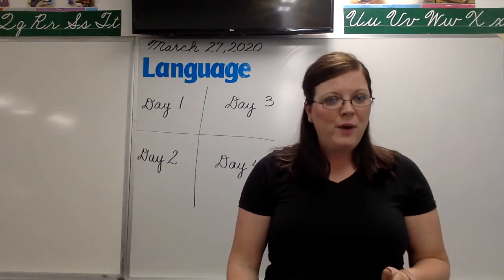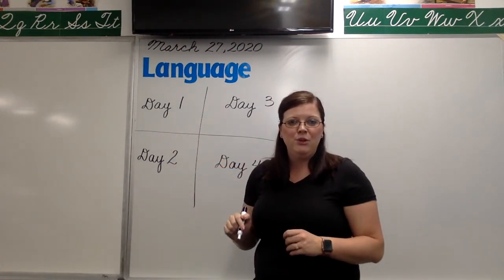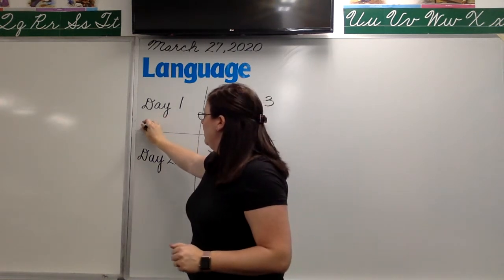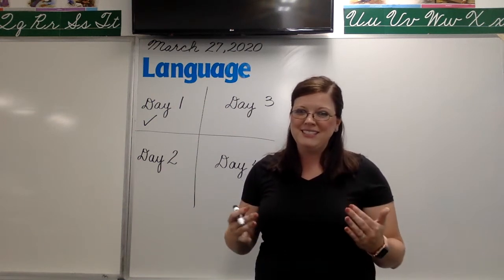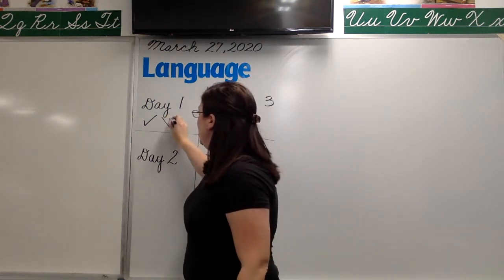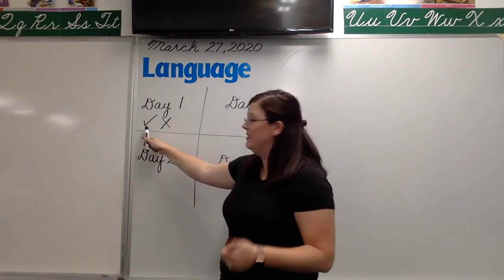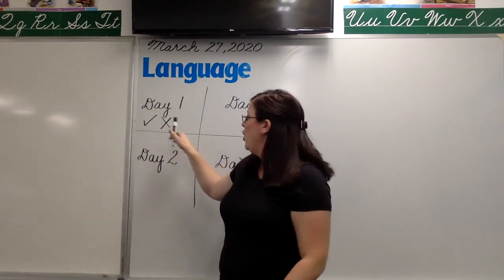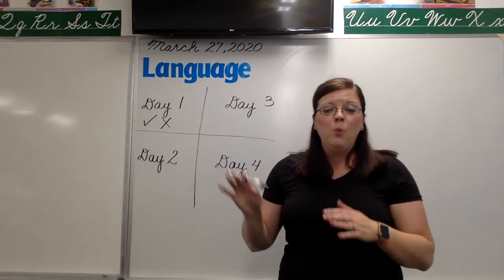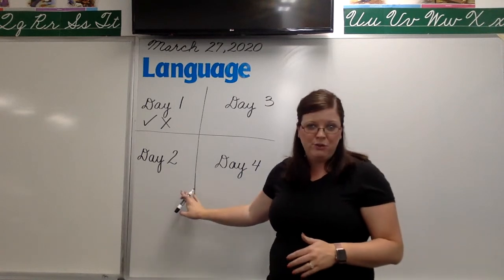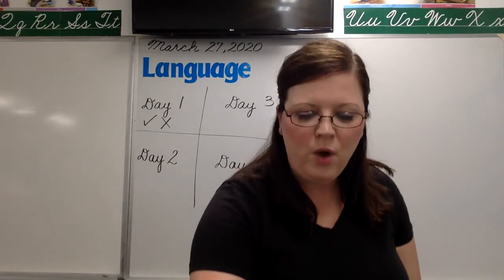And when I ask you a question in this day 1 quadrant, I would either like for you to put a check mark if you answered that question correctly, or if we missed it, put an X. So every question that I ask will either get a check, Mrs. Evans, I've got it, or an X, ooh, I don't have it, okay? I will let you know when it's time for us to move to a different day or to a different quadrant, okay? Pencils ready? Day 1, here we go.